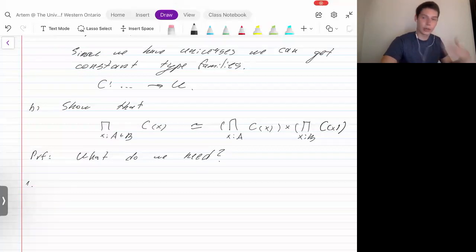There are two functions in the sense that when we assume functional extensionality, there's only going to be two. But remember to make sure that the property of being an equivalence is actually a property. You have to do this double sigmas. So, okay, what do we need? First, we need a function that goes from here to here.